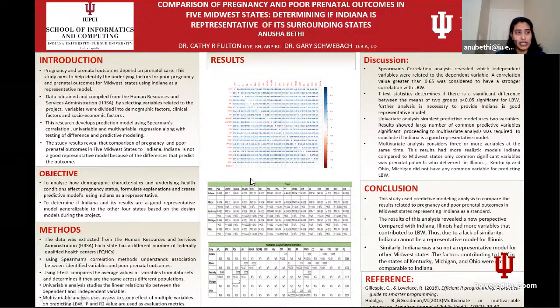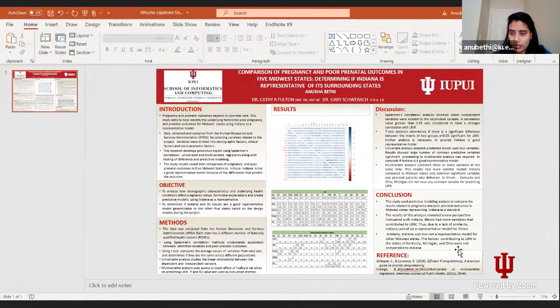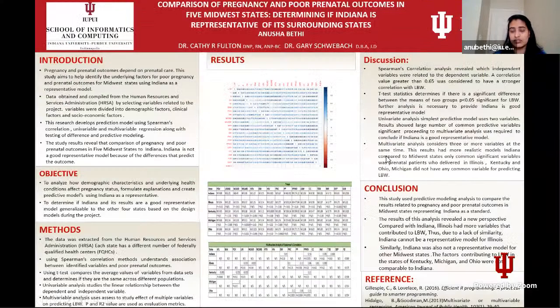Ohio, when compared to Indiana, uninsured, Medicare, hypertension, prenatal care, and depression were significant. The t-test was to determine if there is any significance between the two groups that we are comparing, and further analysis was required.